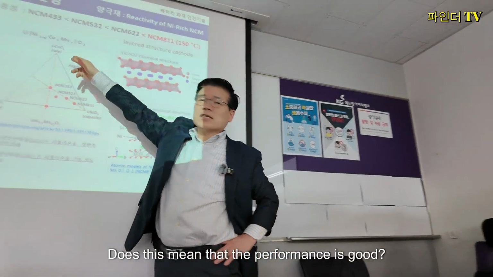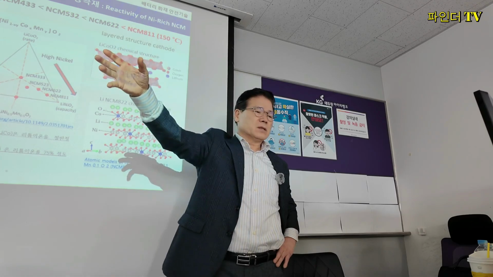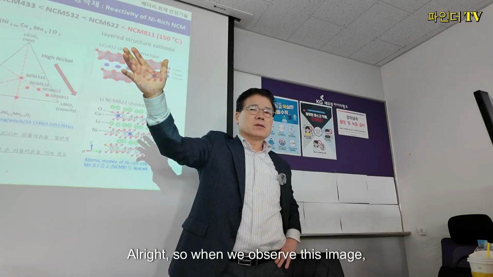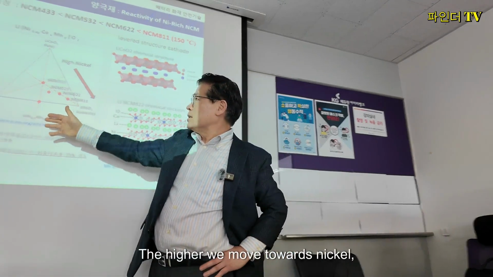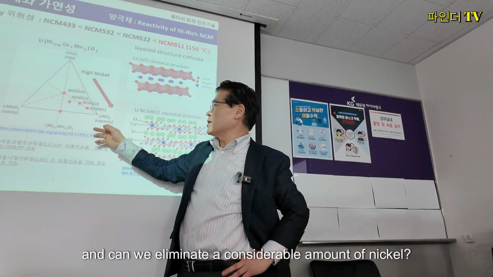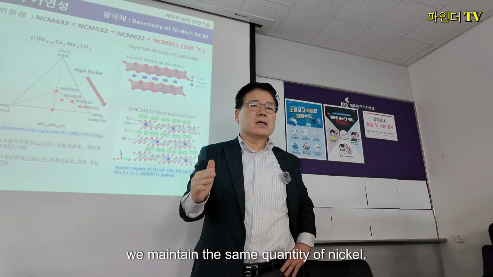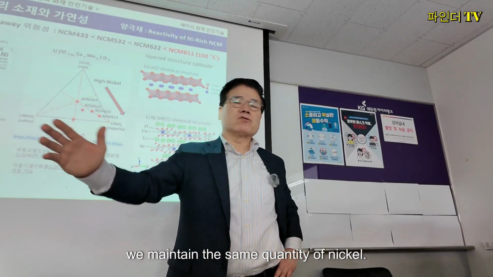Does this mean that the performance is good? Do you see this? When we observe this image, we're heading toward nickel. The higher we move toward nickel, the better our performance. And can we eliminate a considerable amount of cobalt? Since the structure is layered, we maintain the same quantity of nickel.